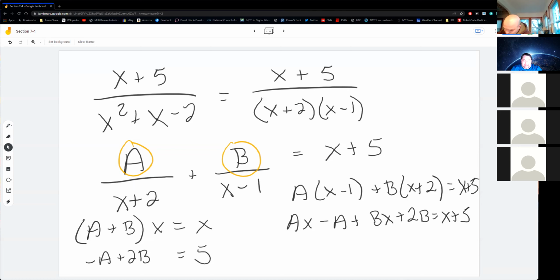If we look at this, I can eliminate the two x's here and just say it equals 1. So a plus b equals 1 and negative a plus 2b equals 5.